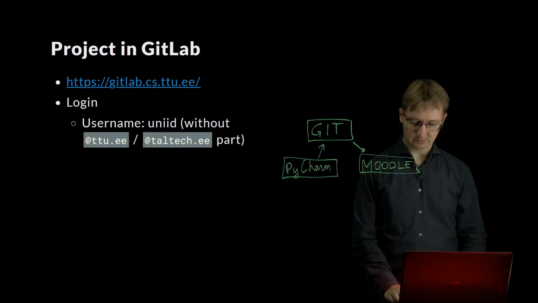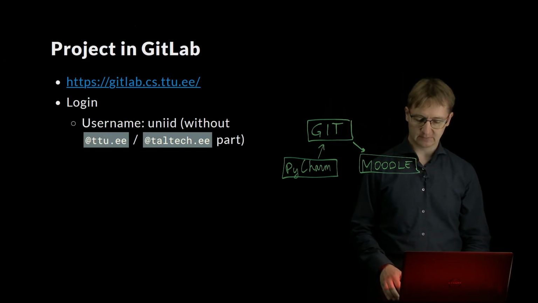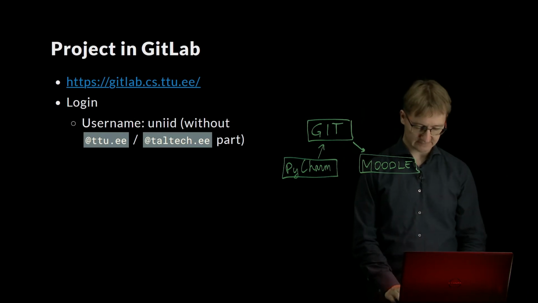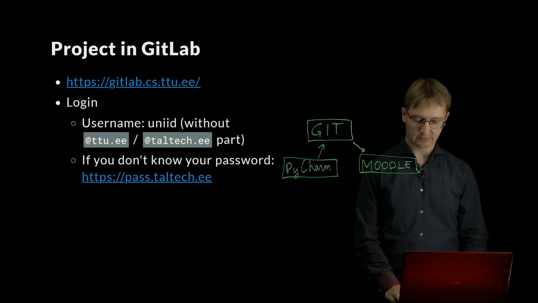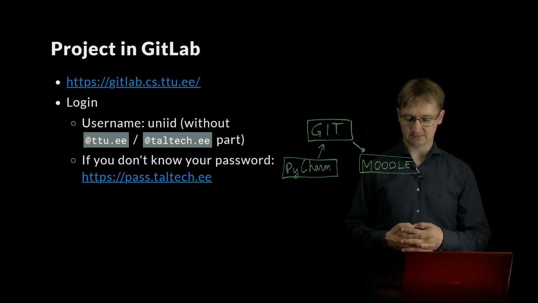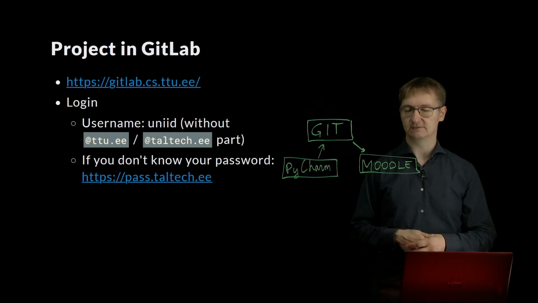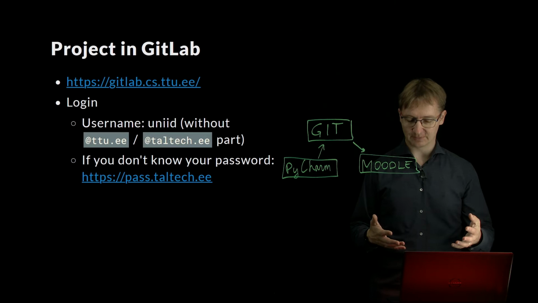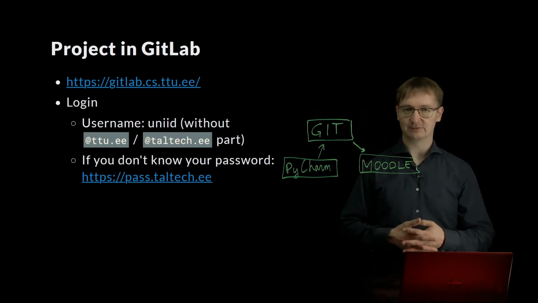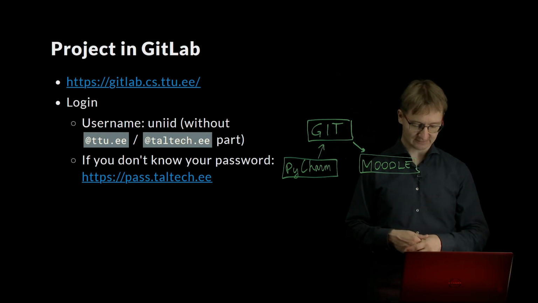For login, you should use your username, your UniID, without the at part. And if you don't know your password, you might see it in this URL. If you are not Estonian, then you probably cannot use this system, and you have to write to the help desk to get your password reset or something like that.